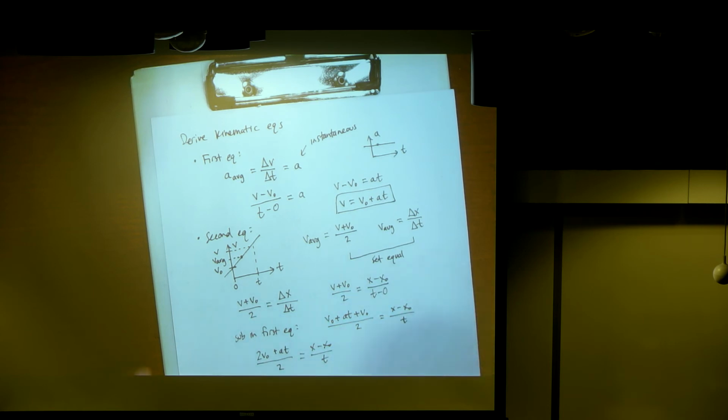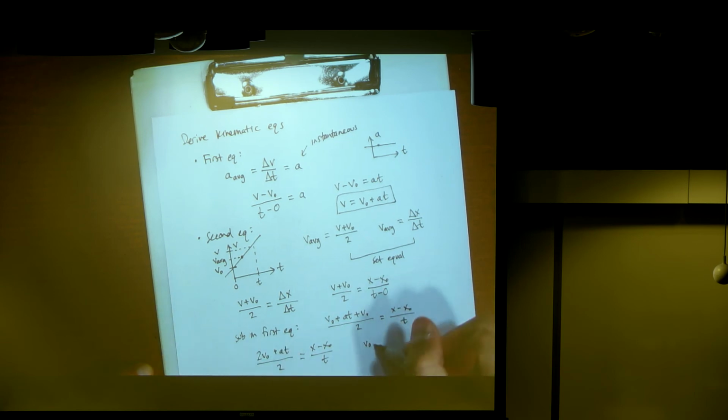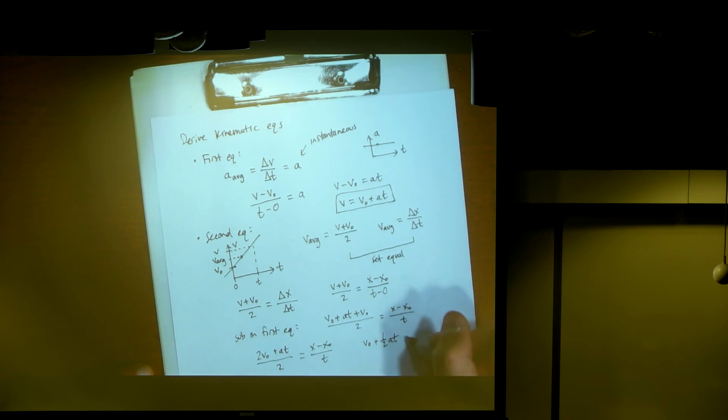By the way, when I say v naught, I just mean v0. That's the same thing. All right, so 2v naught divided by 2, what does that equal? Just v naught by itself, right? Undoes the 2. But here, at divided by 2, I can write that as a half at. And then I'll keep the other side the same.